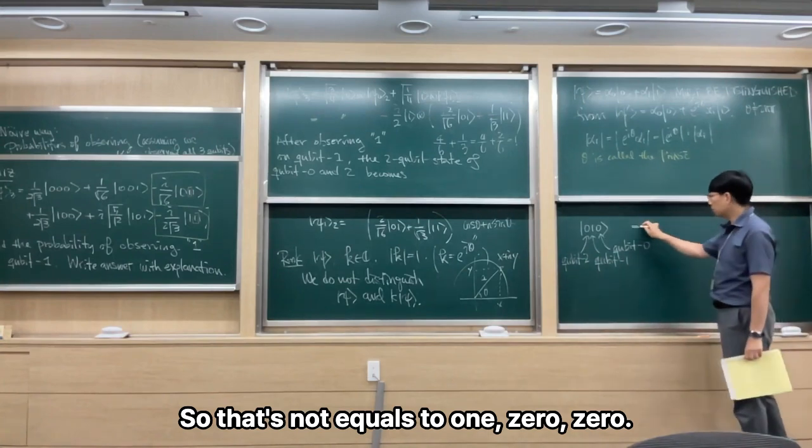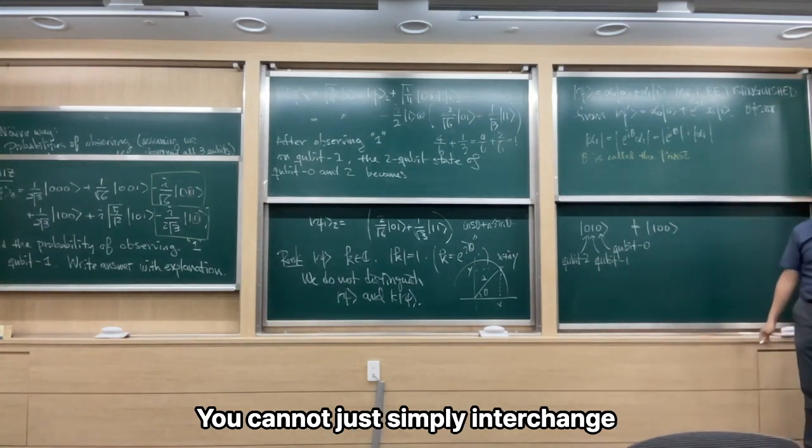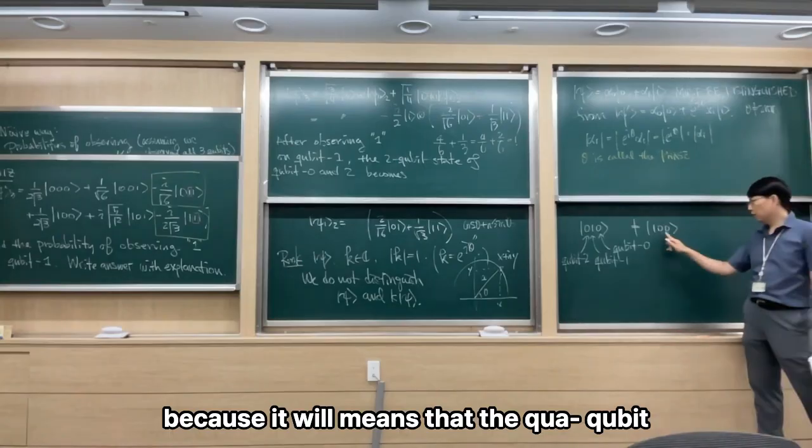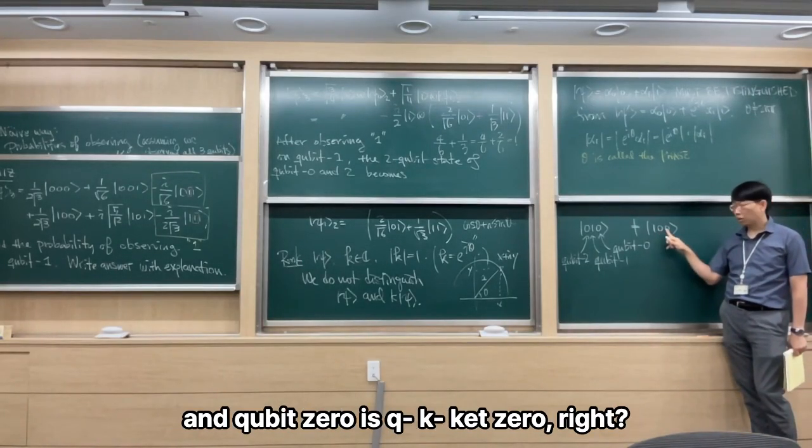So that's not equal to |1>|0>|0>. You cannot simply interchange the order because it would mean that qubit 2 has ket 1, qubit 1 has ket 0, and qubit 0 is ket 0, right?